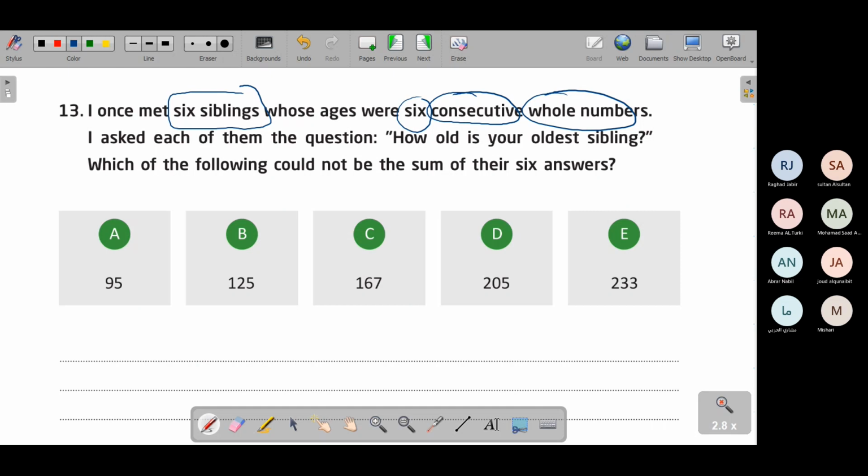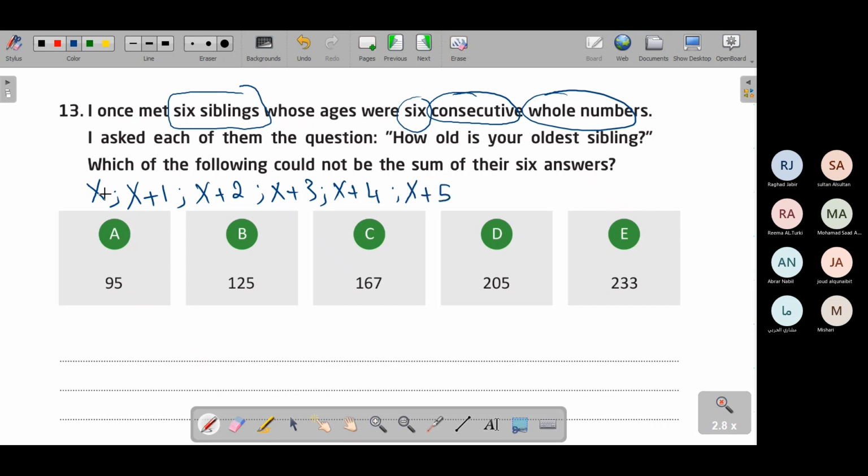Because I don't know the value, X. Excellent. So if the first one is X, the second one will be X plus 1, then X plus 2, then X plus 3, then X plus 4, and finally X plus 5.